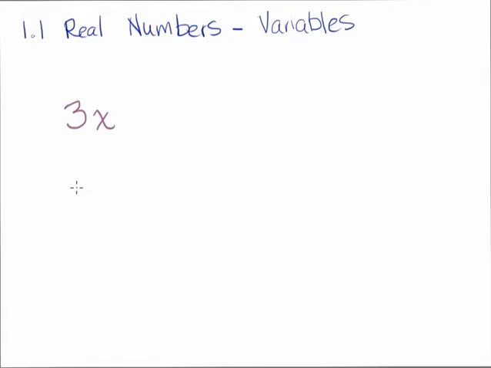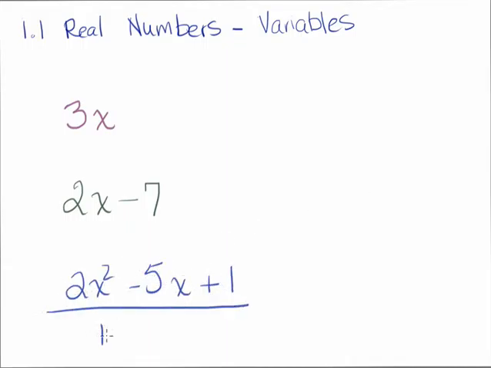Here's another one. Here's another one. They're getting more complicated, aren't they? But notice that they're just a combination of numbers and variables, operating symbols, and I haven't done one yet with grouping symbols. Let's just do one of those now.